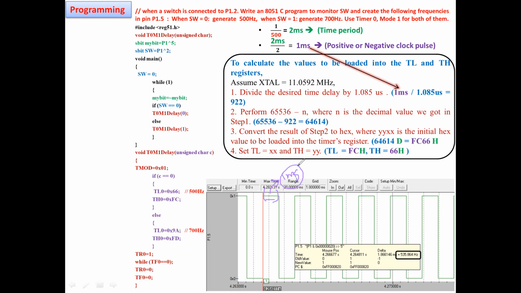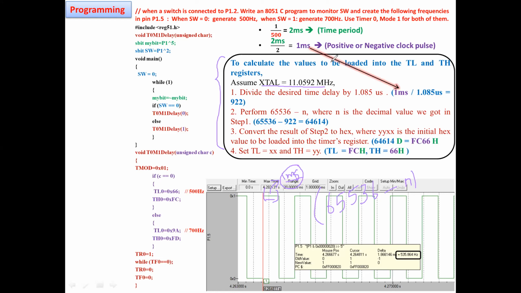Now we can move on to the calculation. To obtain this millisecond, what is the formula? 65,536 minus n into the time period. Always assume the crystal frequency is 11.0592 megahertz.